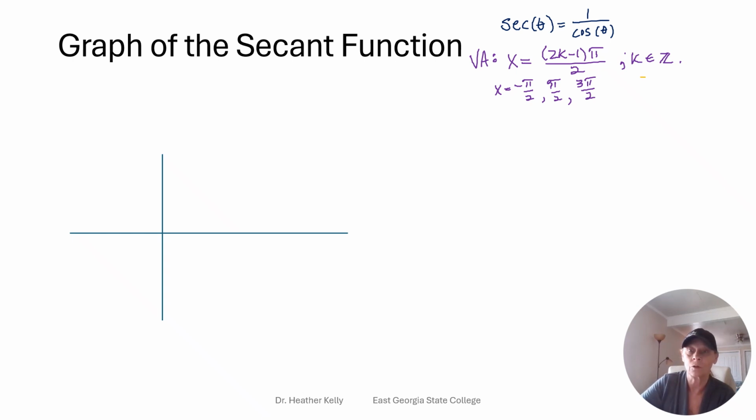So I want to look. 3 pi over 2 minus a negative pi over 2 gives us 4 pi over 2, which is 2 pi. And our period needs to be 2 pi. So that confirms that we need to have 3 asymptotes for 1 period.